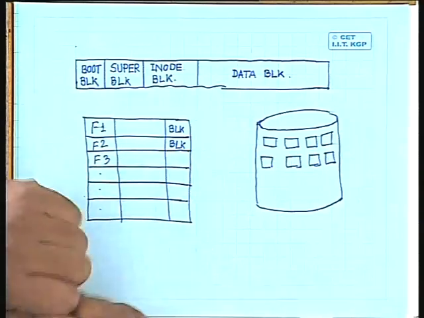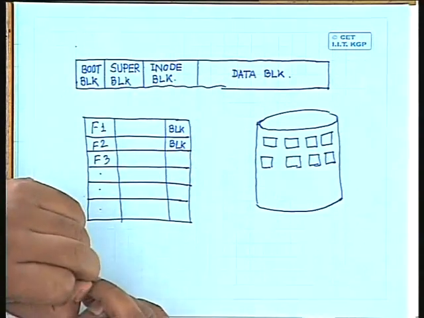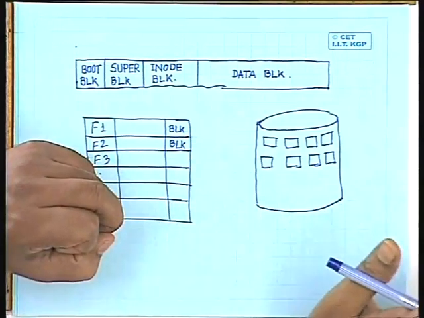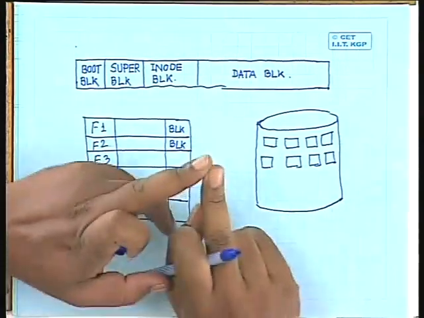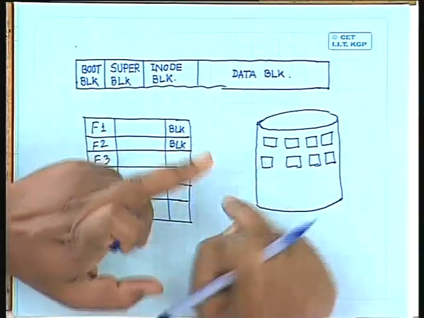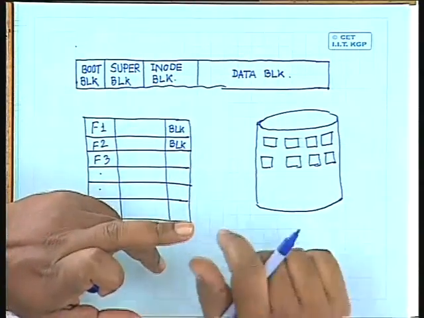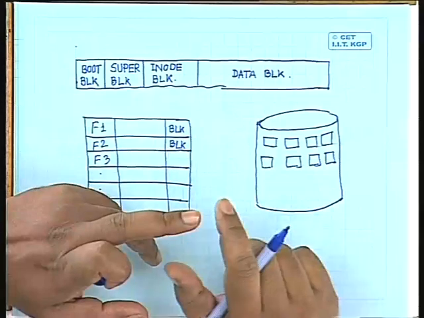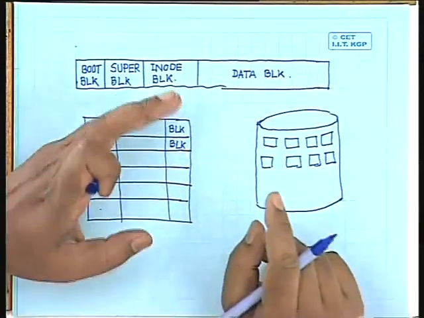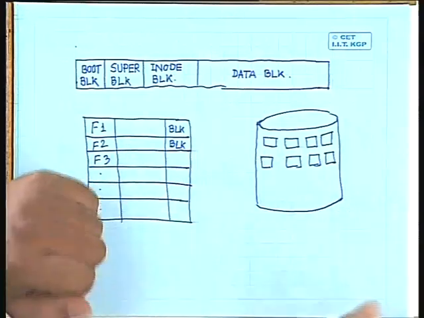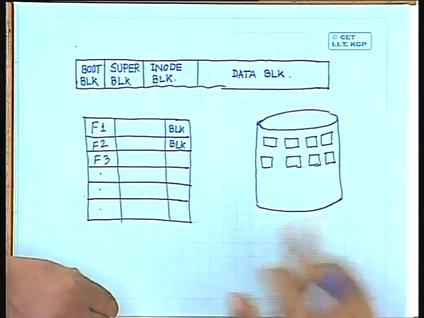But once the 3 kilobyte file was created, there might have been some more files created, so the block which is next to that file has been allocated to some other file. Now if I want to increase the size of the file to 4 kilobytes, it needs 4 blocks, I find that the next block, the 4th block in the sequence, is no more available. So I cannot change the size of the file.